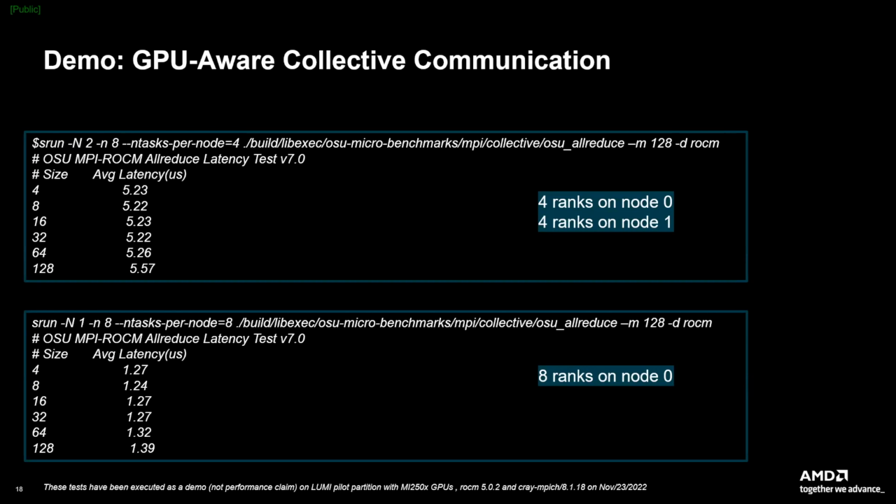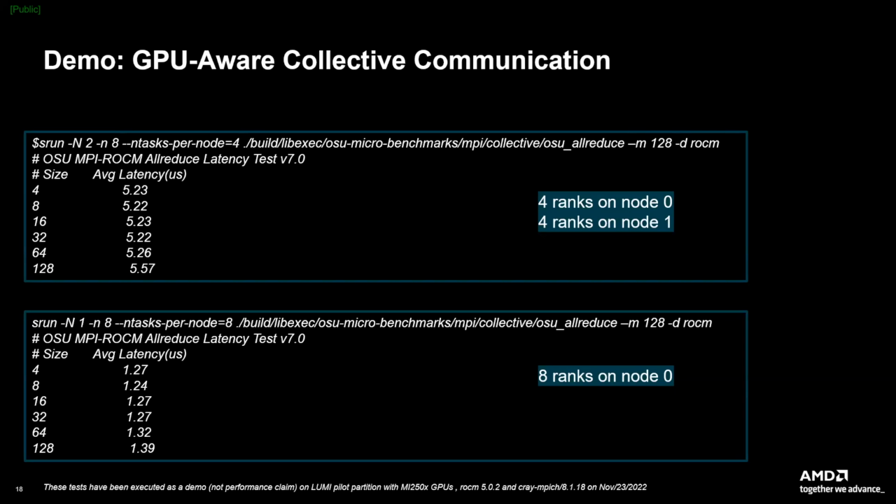And in this example, we are using the OSU reduce test. We want to show the numbers for size 4 to 128. And we are passing -d rocm at the end. By passing -d rocm at the end for collective communication, we are forcing the communication to happen between the GPUs. So we have 4 ranks on node 0 with this method, and we have 4 ranks on node 1.